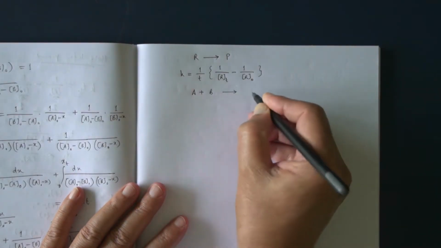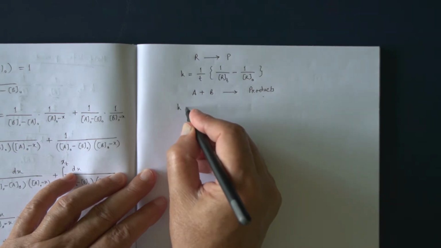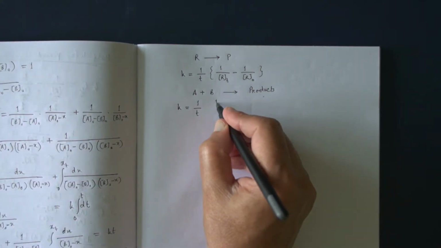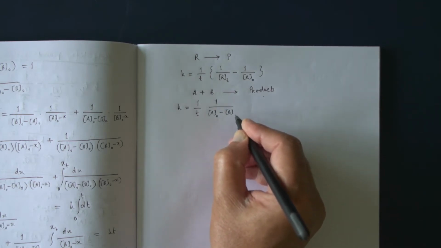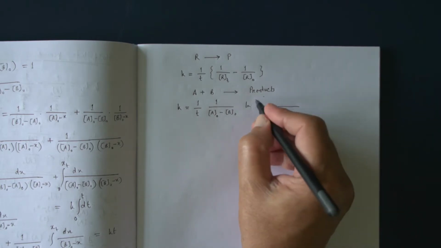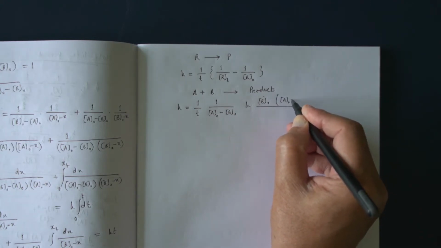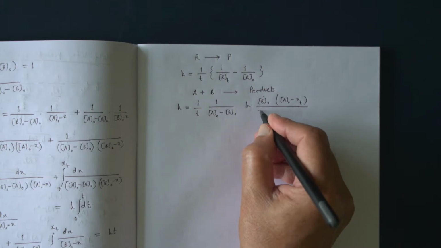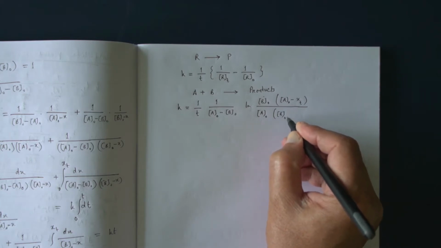Now if the second order reaction is just like this, then rate constant is given by 1 by t into 1 by ([A]0 minus [B]0) ln ([B]0 into ([A]0 minus xt)) over ([A]0 into ([B]0 minus xt)).